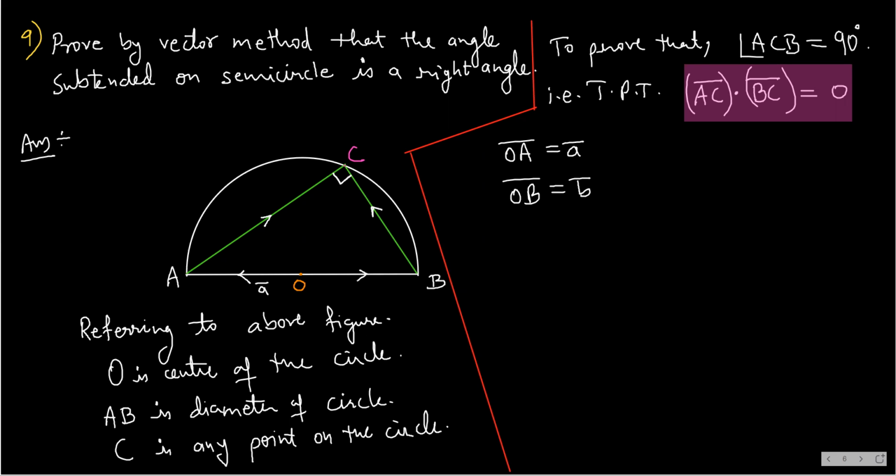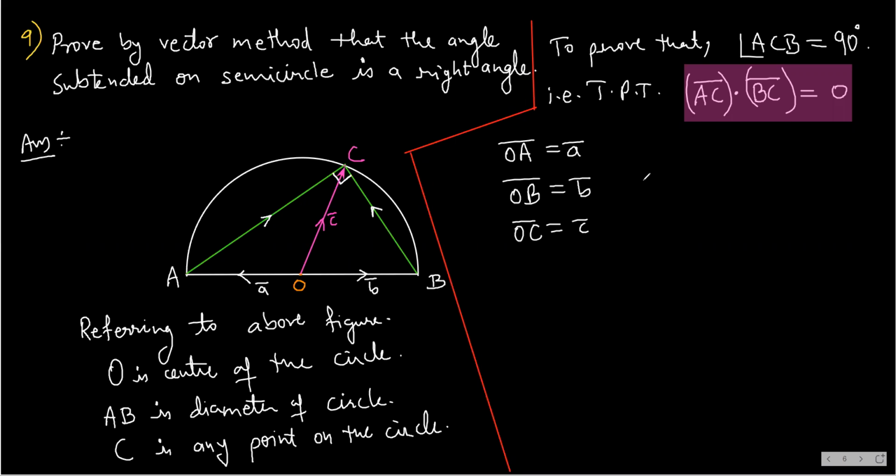And then I have another vector which is OC bar. Look at this vector, OC bar. And this vector is C bar. I will write here vector OC bar is equal to C bar.